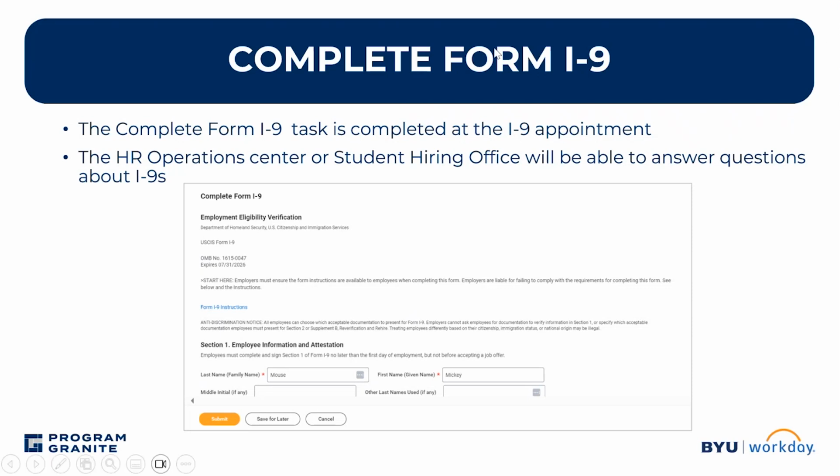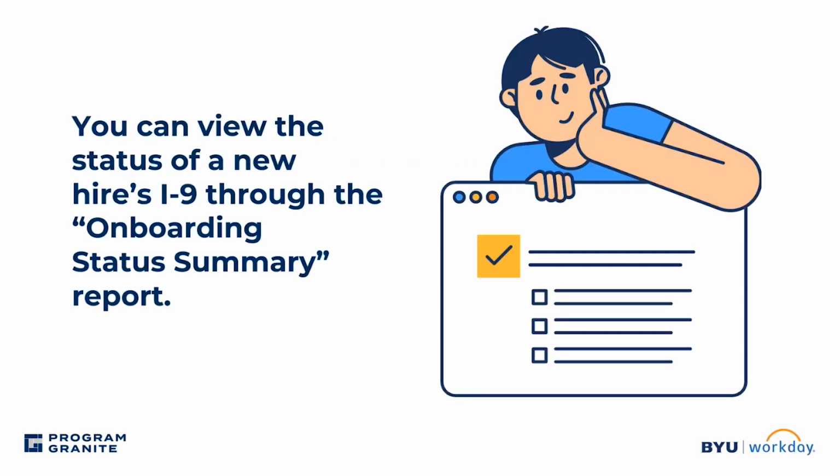Well, they can complete their last name, their first name, they could enter their social, they could do everything except for present the ID. So they don't have to wait until they get there to do it, which is really, really nice, okay? When they get there, they will verify the start date and make an update there if they need to, okay? You can view the status of a new hire's I-9 through the onboarding status summary report.